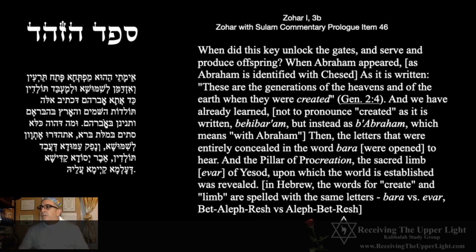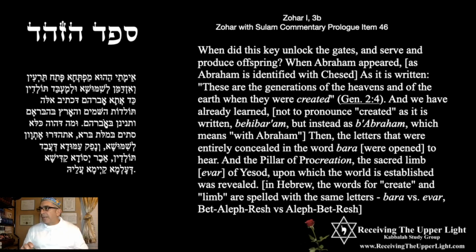So when did this key unlock the gates and produce offspring? When Abraham appeared, as Abraham is identified with Hesed, as it is written, "These are the generations of the heavens and of the earth, and they were created."